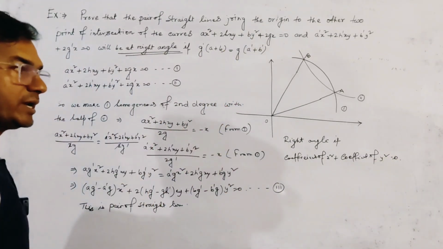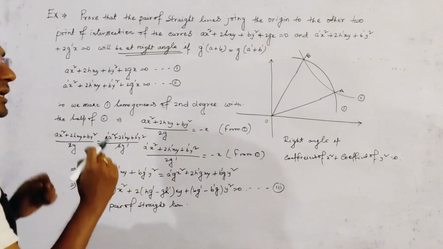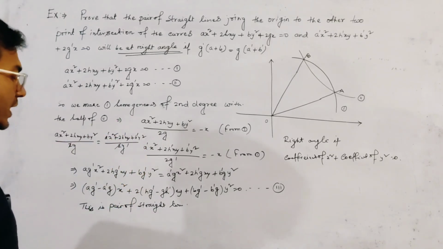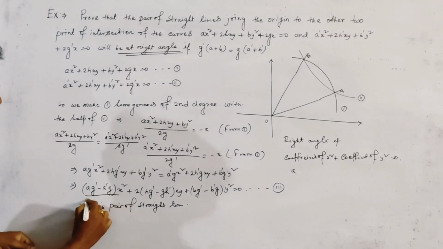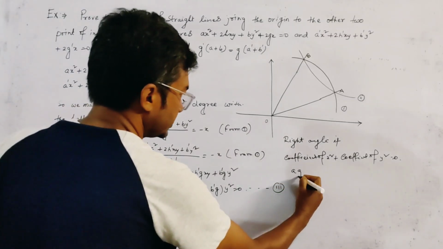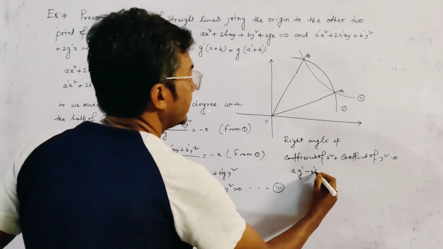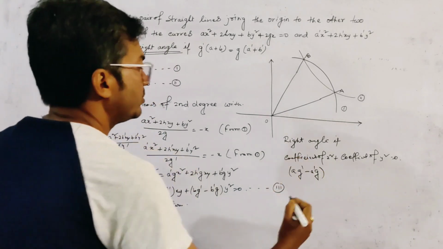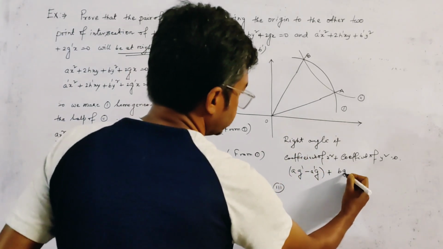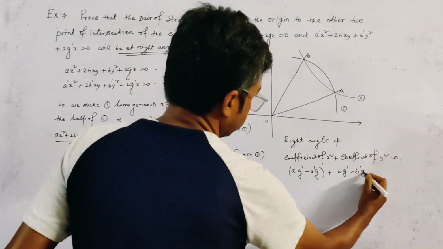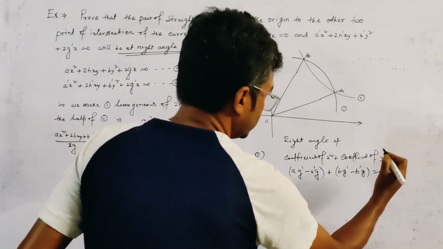This is the condition of a right angle pair, and this gives the coefficient of x square, which is a g dash minus a dash g, plus b g dash minus b dash g, equal to 0.